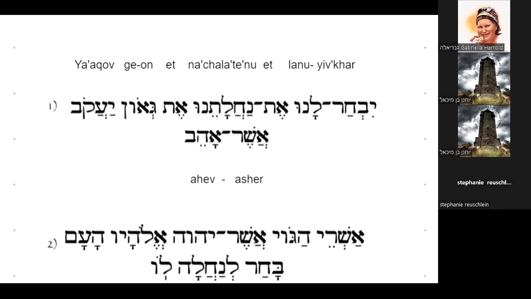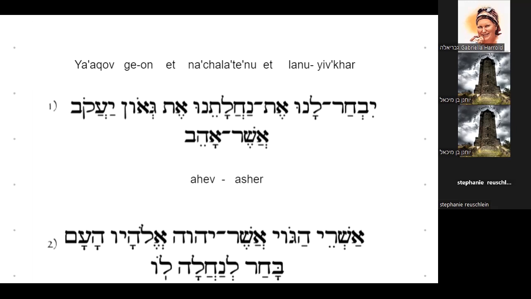Then we have nachalatenu. So we know that the nu on the end of a word means what? Us or our. So what does that leave us as a root word? Nachal. Nun, chet, lamed. Nachal.